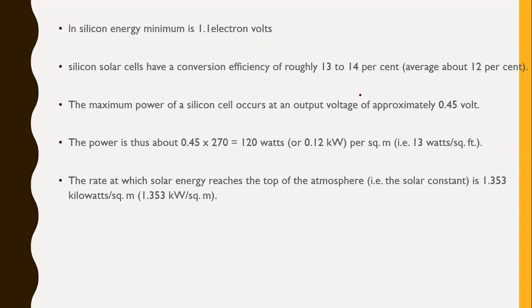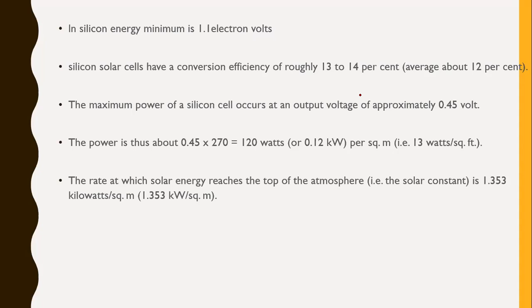And most of the solar energy cannot be converted into electricity in a photovoltaic cell. All the energy absorbed is not converted into electricity. In a commercial single crystal silicon cell, for example, the conversion efficiency is about 12%.